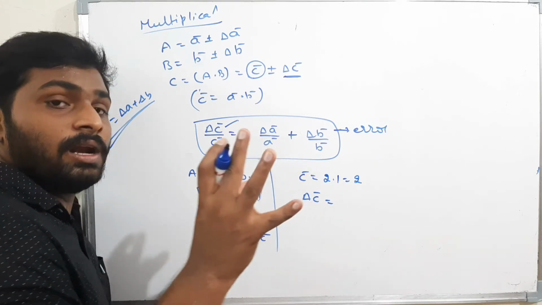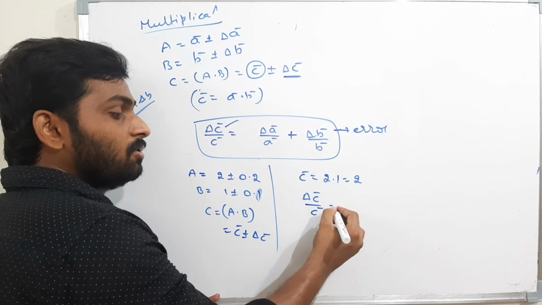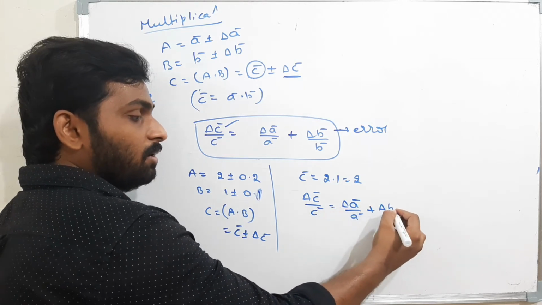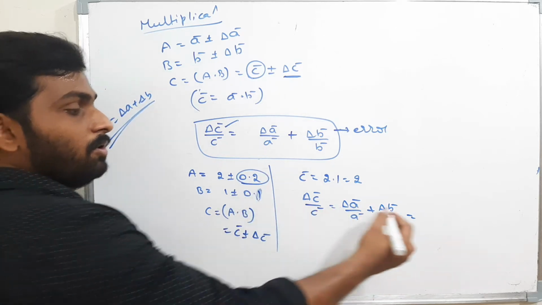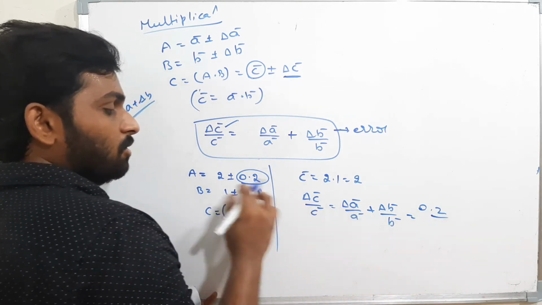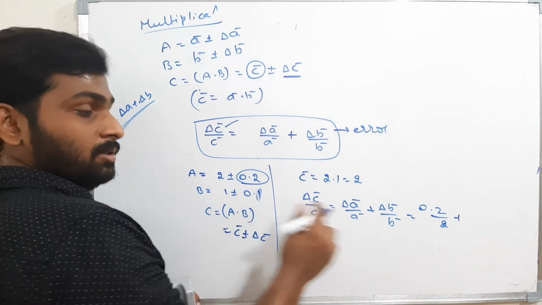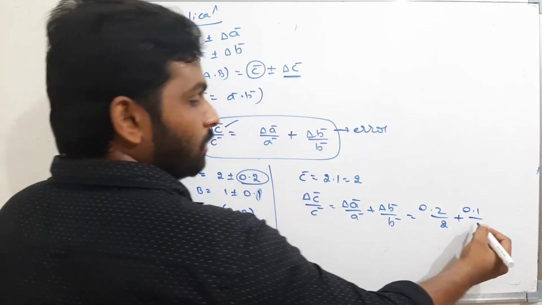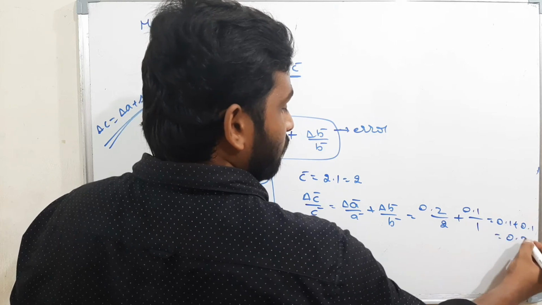I can't find delta C bar directly. I have to use this form: delta C bar by C bar is equal to delta A bar by A bar plus delta B bar by B bar. Delta A bar is 0.2, A bar is 2, delta B bar is 0.1, and B bar is 1. That is 0.1 plus 0.1, which is nothing but 0.2.